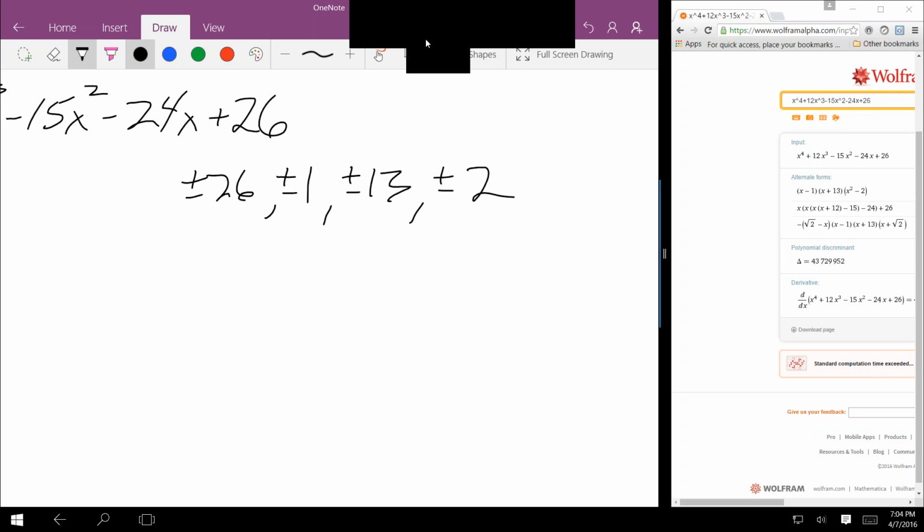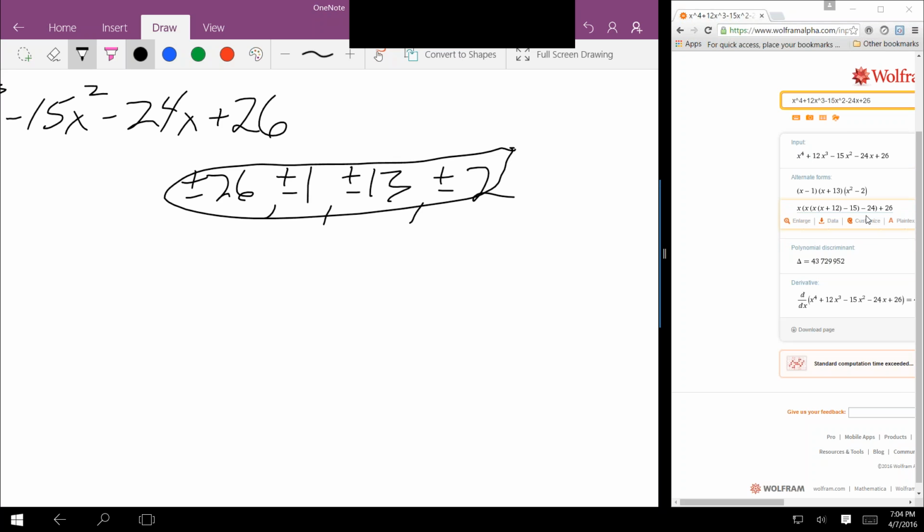Possible denominators are plus or minus 1. So there are 8 potential rational zeros, and I just have to keep trying them. And again, 1 would work. When I start with plus 1, it's going to work. The only reason I know that is because I can see over here that x minus 1 was one of the factors. So I know 1 is a zero.